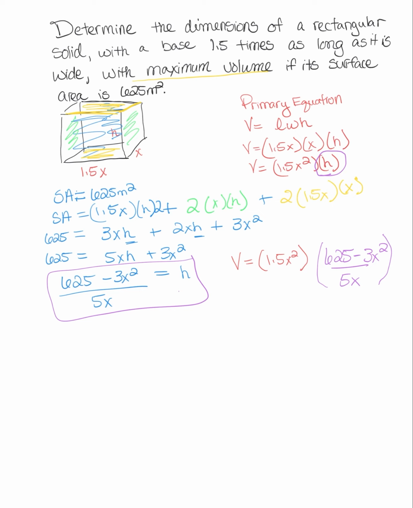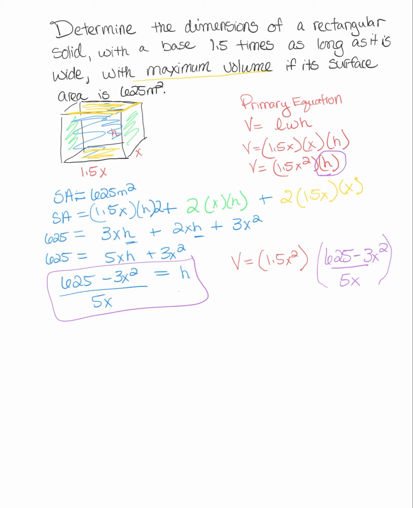Now that we have our full equation with only one variable, we can take our derivative, but I don't want to do a quotient rule derivative and a product rule. That would be a lot of mess. You could, but let's not do that.